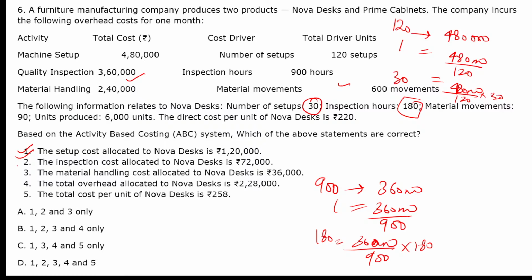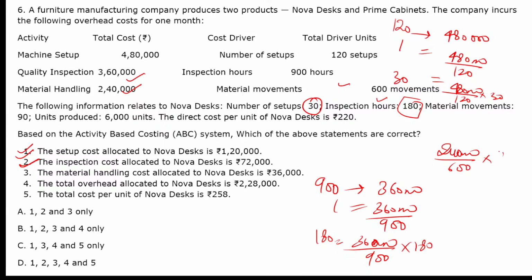This is also correct. The material handling cost allocated is 36,000. Material handling total is 240 divided by 600, into 90 for Nova.